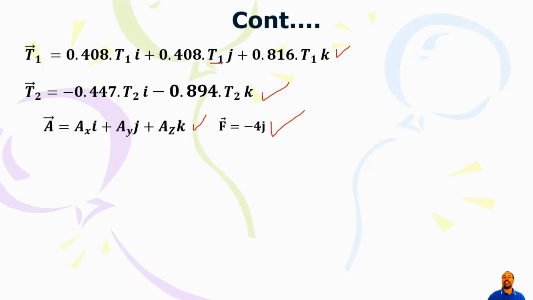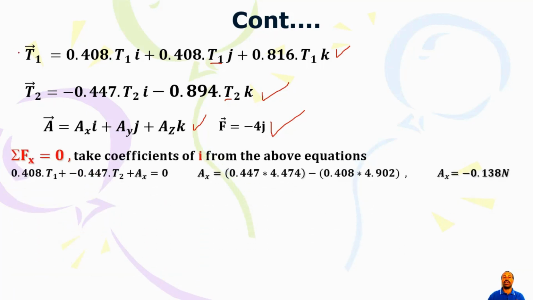So once you know T1 and T2 from moment, from cross product, then you can collect like terms, sigma Fx equal to 0, take coefficient of I from the above equation, then AX will be computed. Take coefficient of I only. I here, you have I, then I here. Then you sum up, then equate to 0, then you get this.